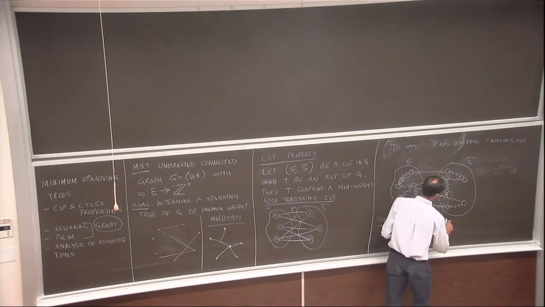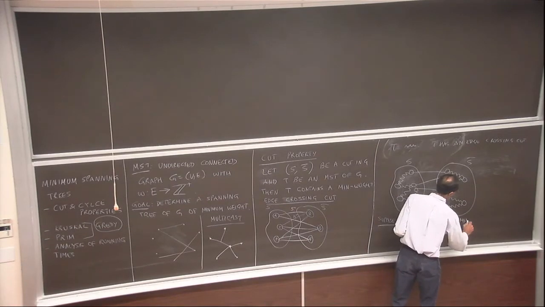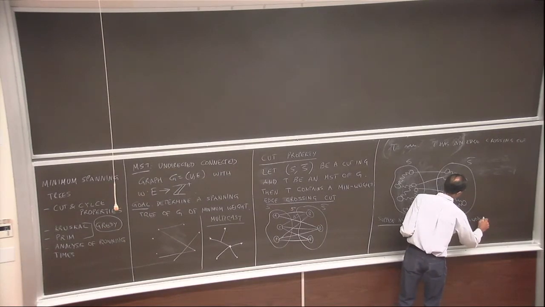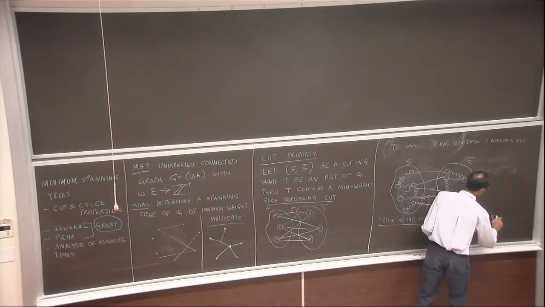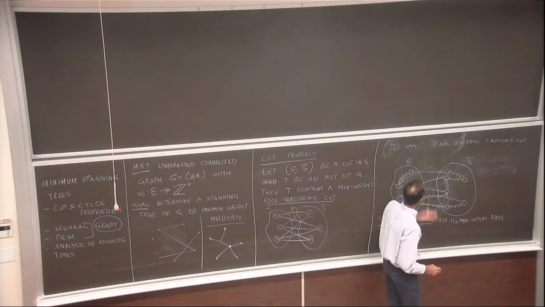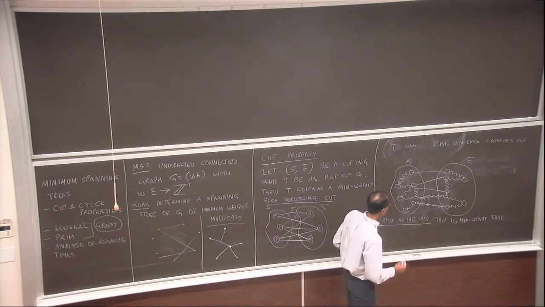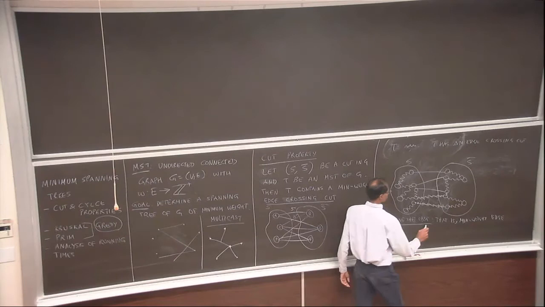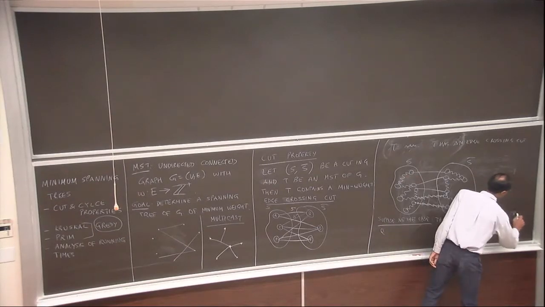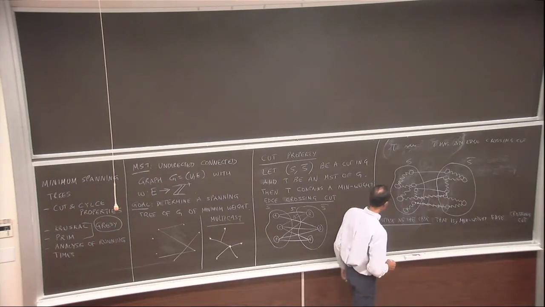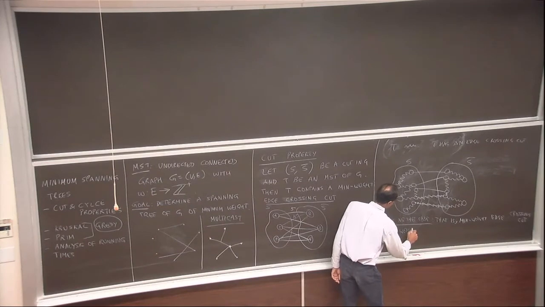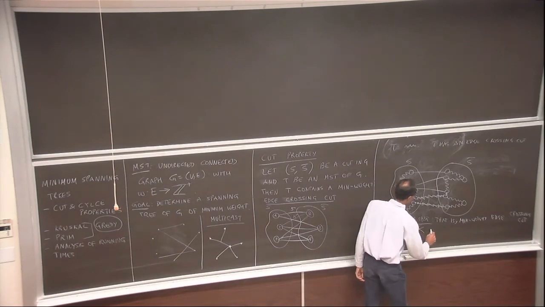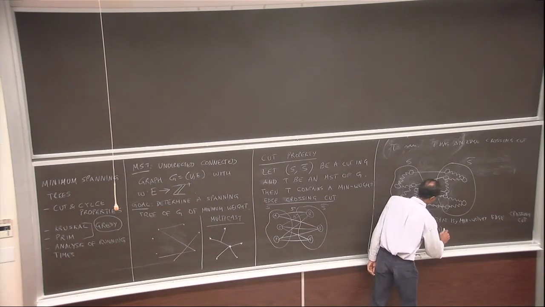That is, the minimum weight edge, let's pick any minimum weight edge crossing the cut, let's call it E, has weight less than all edges of T that are crossing the cut.